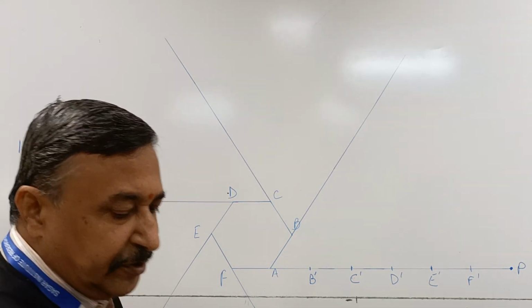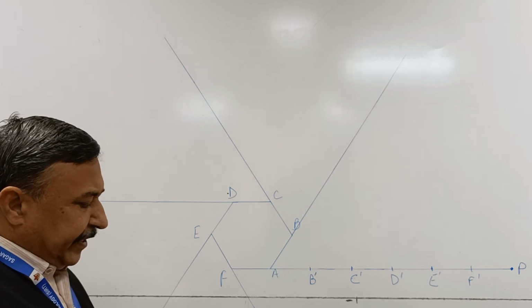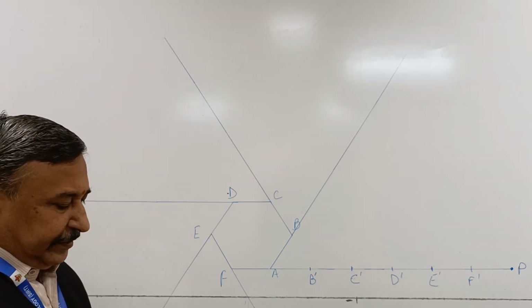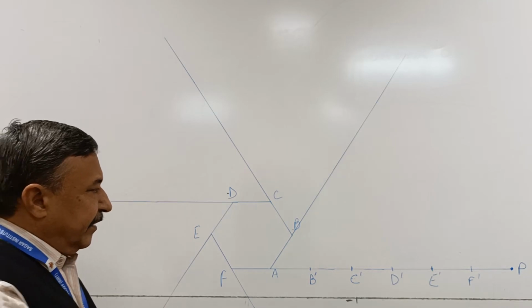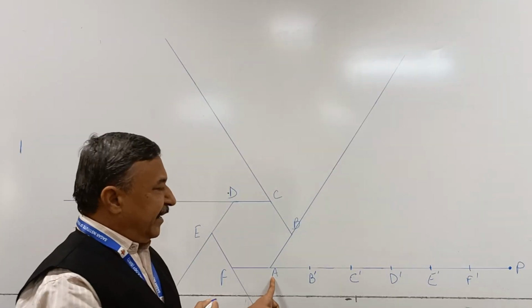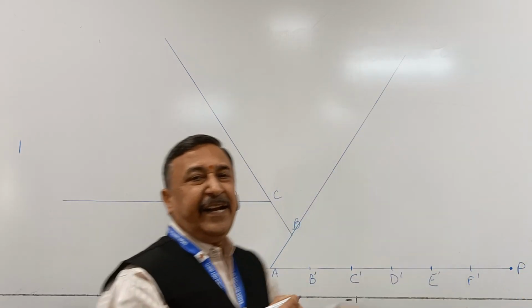How? Now see here, taking compass, this is A and this is P, or suppose A dash.